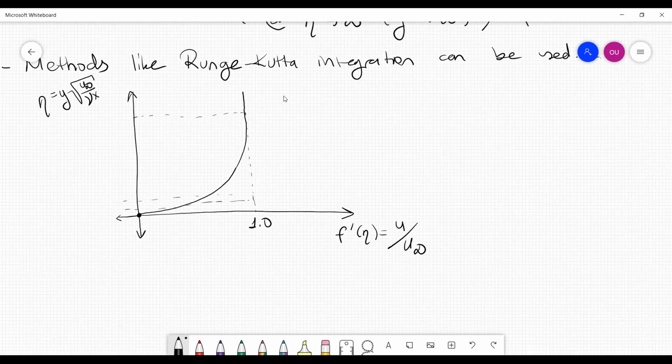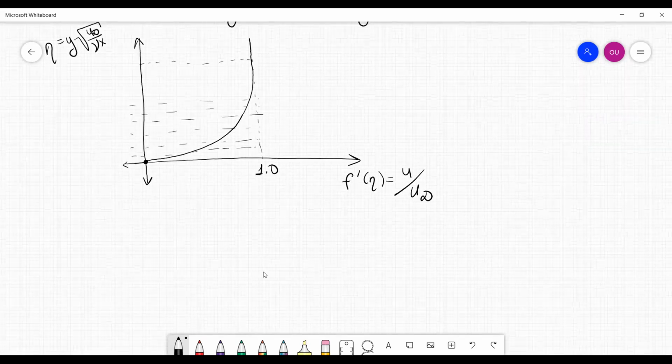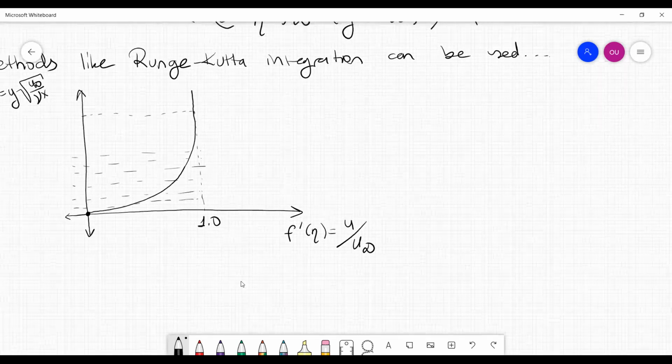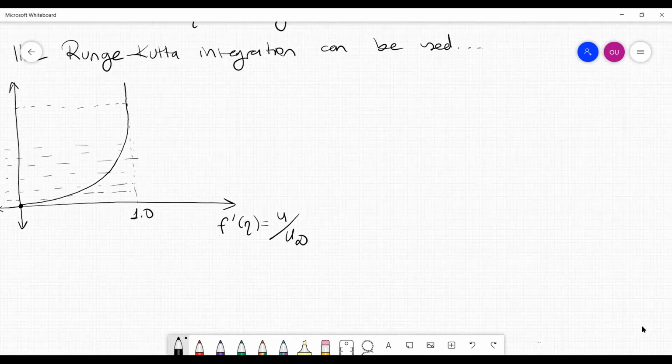You divide this into small delta eta increments and then integrate numerically, piece by piece, and reconstruct this profile. Now, this velocity profile that we obtain indeed, as I said, corresponds to the actual flow field. Maybe let me shift it to the left here.